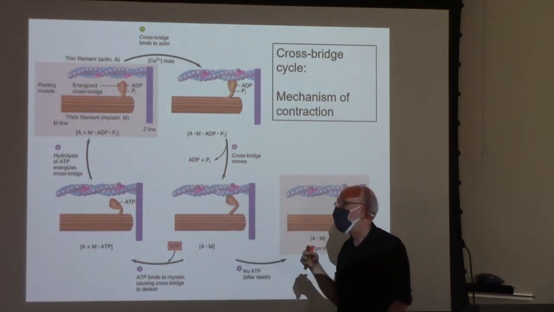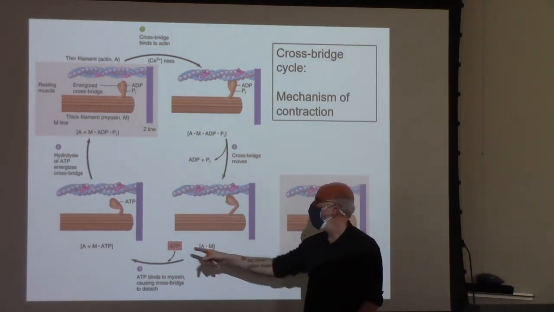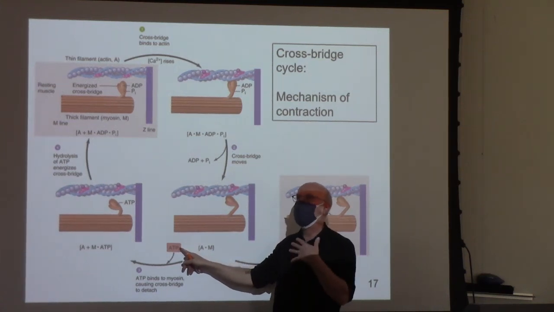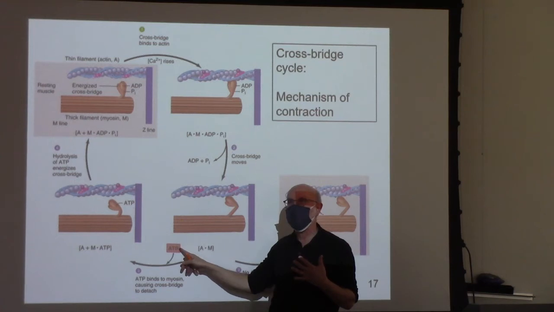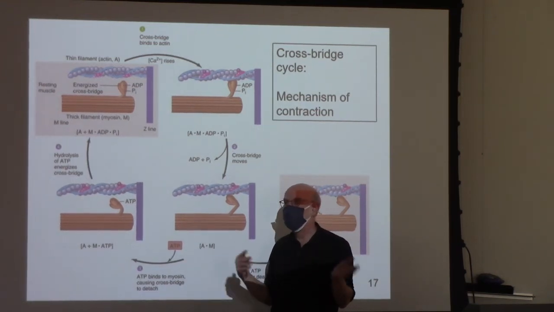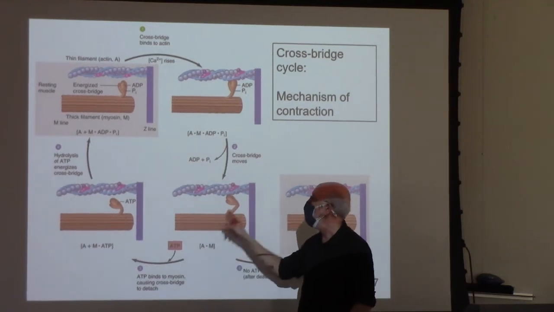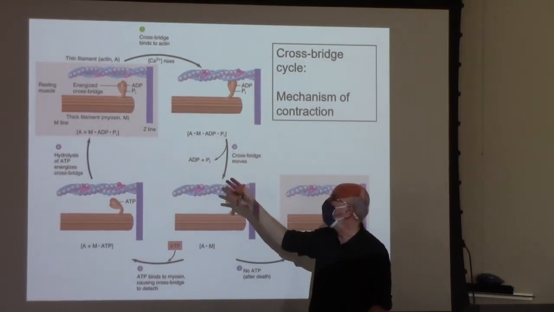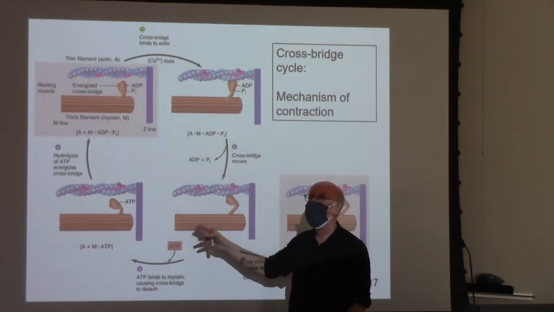All right, we got to make a cycle, so we're not there yet. What happens now? ATP binds. As long as this muscle is healthy, it has mitochondria and glycolytic enzymes to make ATP. Whether it's fast twitch or slow twitch, it has plenty of ATP. If it's healthy, ATP binds to myosin because the ADP and phosphate unbound, leaving a site available for ATP to bind.